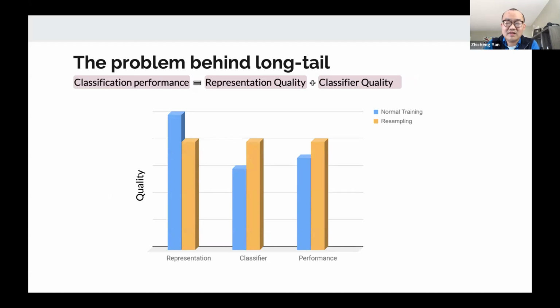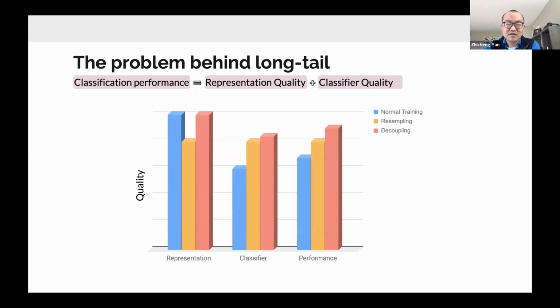Previous methods tried to resample the data set. By doing this, you compromise the quality of the representation while improving the classifier a lot. So the overall performance is still improved, but we think we can do better. In this project, we decouple the representation learning from the classifier training.